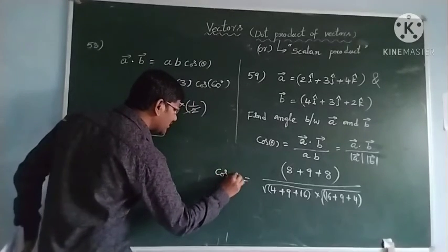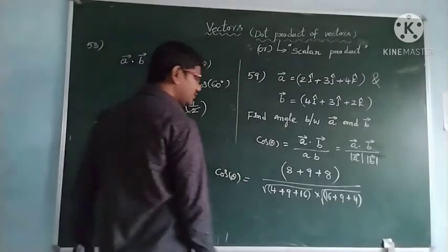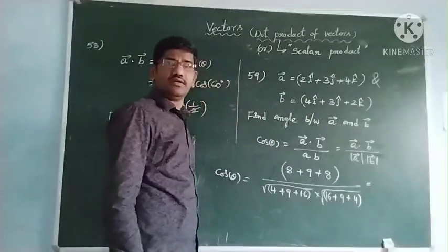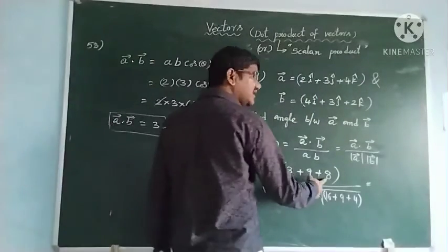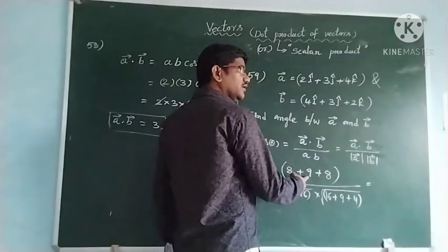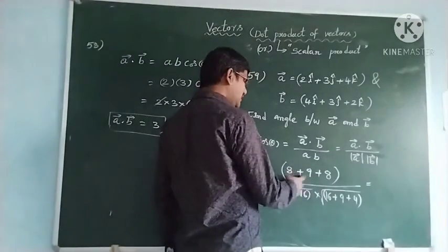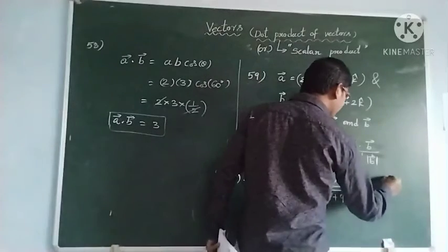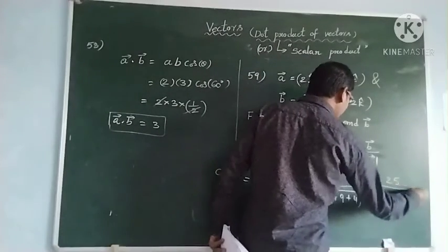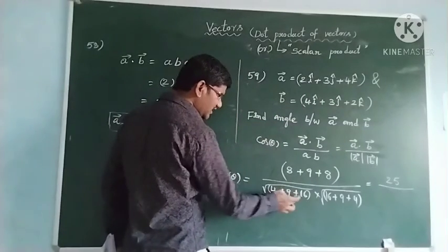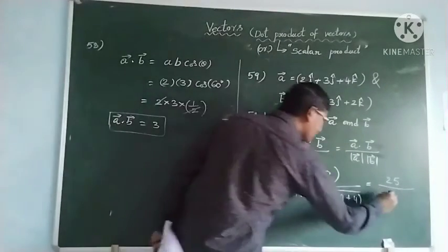So cos theta: 8 plus 8 is 16, 16 plus 9 is 25, by 16 plus 4 is 20, 29, root 29.